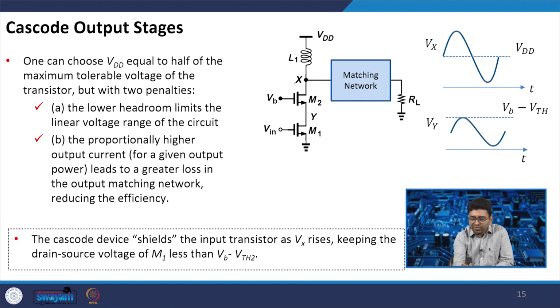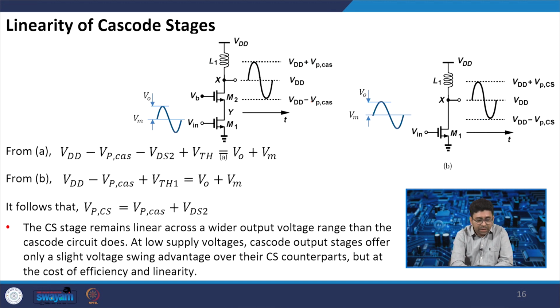If we see Vx, which is the full swing, and Vy, which is Vb minus V threshold, the cascode device shields the input transistor as Vx rises, keeping the drain-source voltage of M1 less than Vb minus Vth2, that is, threshold voltage 2.